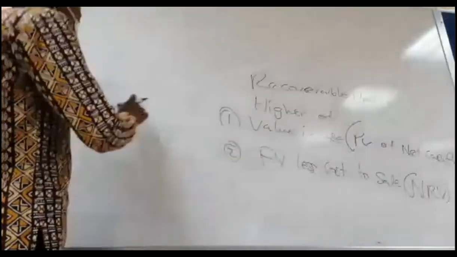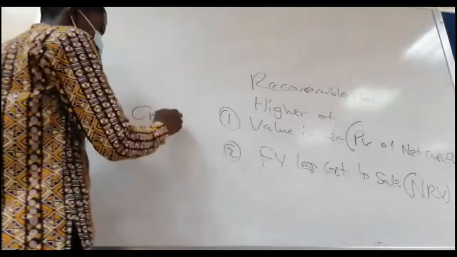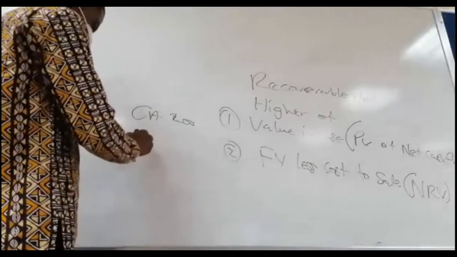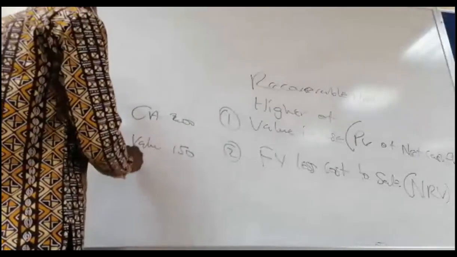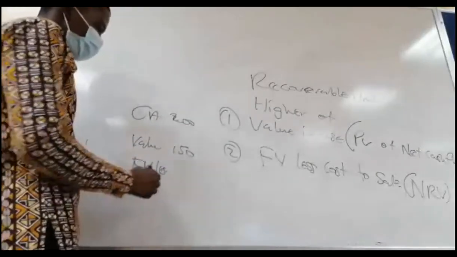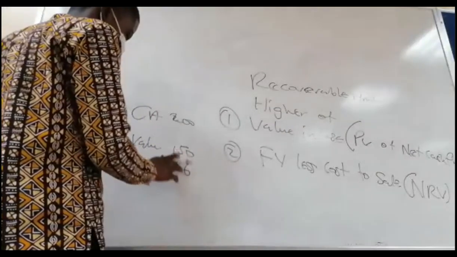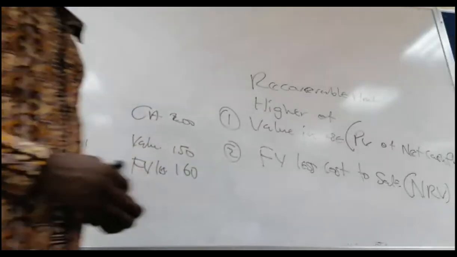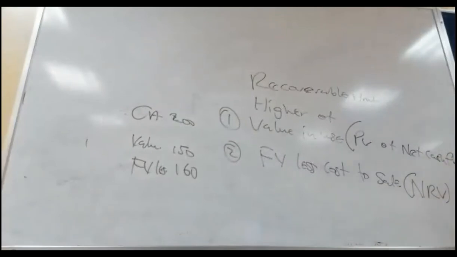So if I have an asset, the carrying amount of the asset is 200. The value in use is 150. Then the fair value less cost to sell happens to be 160. Is the asset impaired? First, what's the recoverable amount? Second, what is the impairment charge, if any?